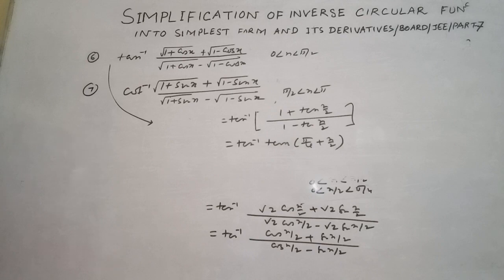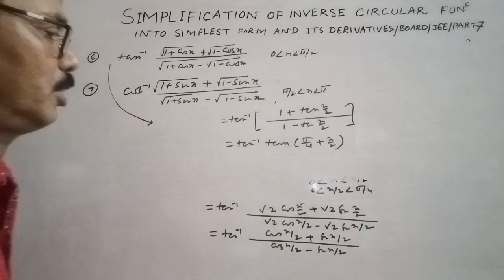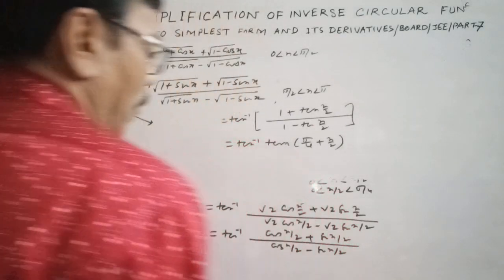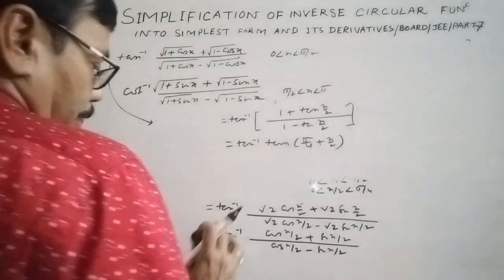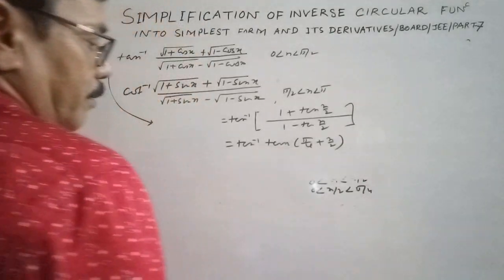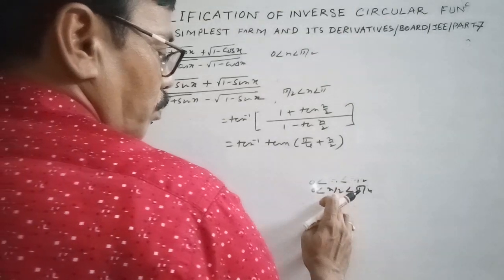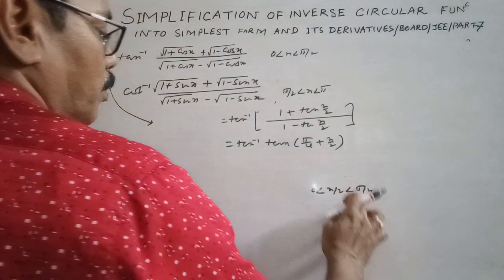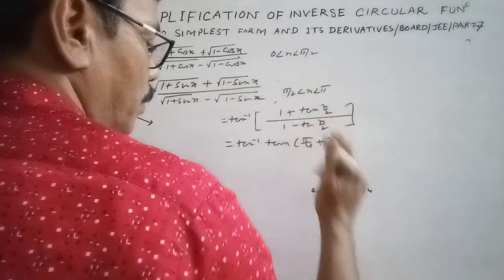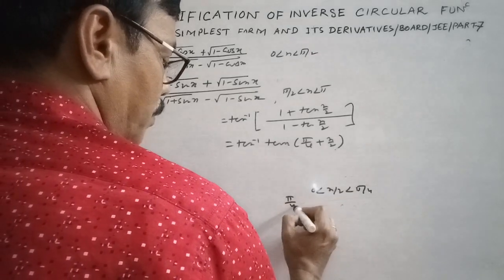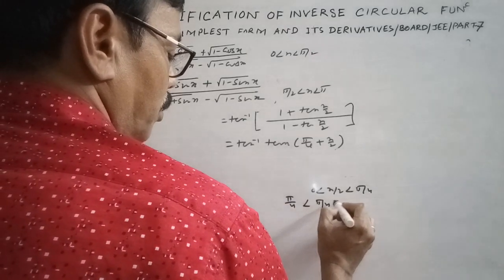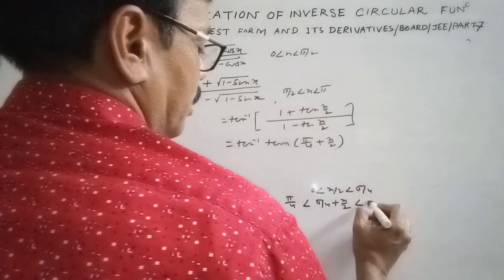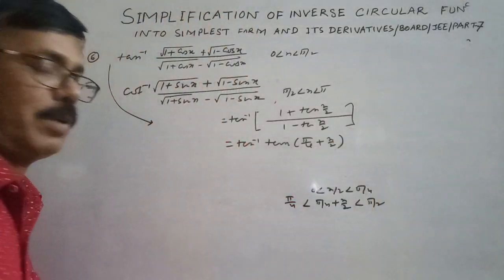So we are getting pi by 4 plus x by 2. Now 0 less than x by 2 less than pi by 4, and the argument is pi by 4 plus x by 2. So add pi by 4: pi by 4 plus x by 2 is less than pi by 4 plus pi by 4.